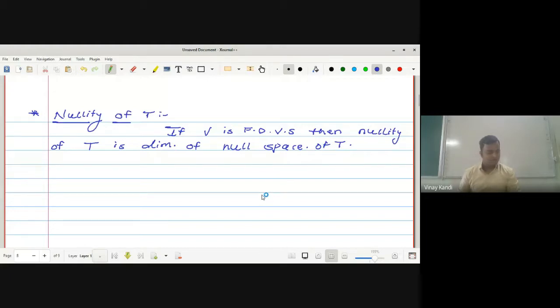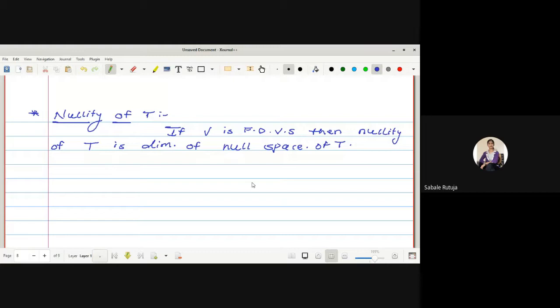Dimension of null space of T. Okay, any doubt in this definition? No, sir. Okay. Now the next point is rank nullity theorem.